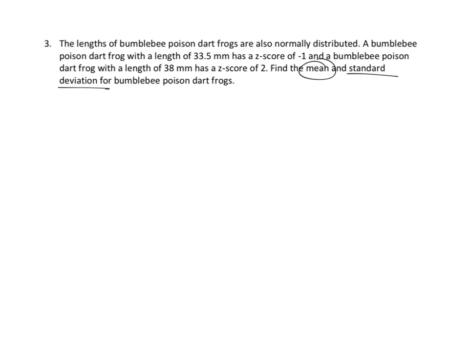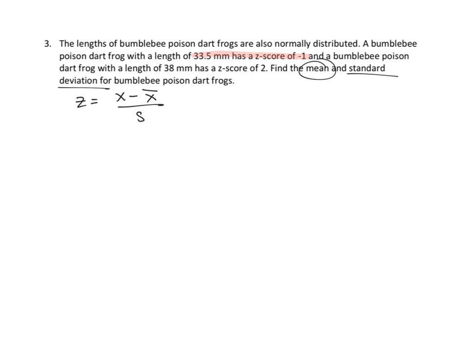The equation that we're going to be basing this whole thing off of is just the generic z-score formula. So z is the data value minus the mean over the standard deviation. And if we look at the problem, we know that a bumblebee poison dart frog with a length of 33.5 millimeters has a z-score of -1.